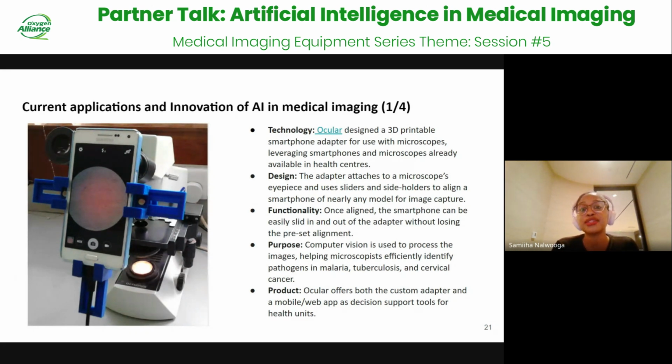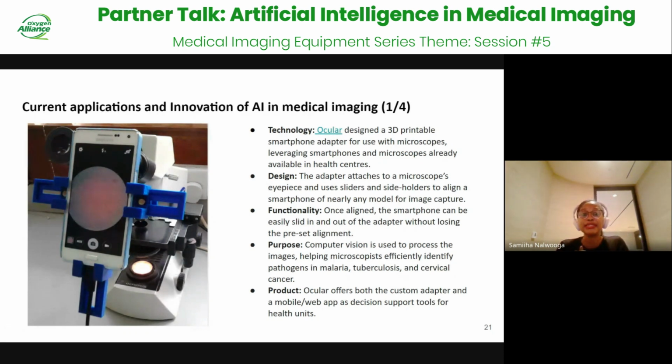The adapter attaches to a microscope's eyepiece and uses sliders and slide holders to align a smartphone of nearly any model for image capture. Once it is aligned, the smartphone can easily slide in and out of the adapter without losing the preset alignment.